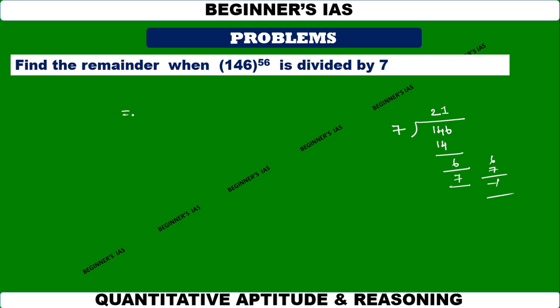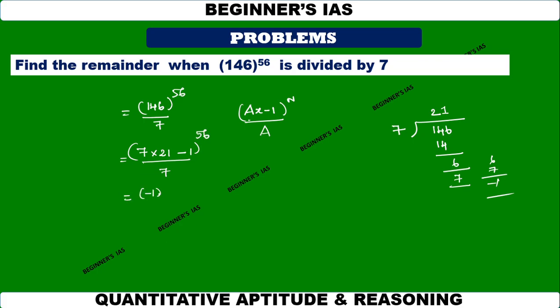We can express 146 the whole power 56 divisible by 7. This can be written as 7 into 21 minus 1 form. This form is nothing but (ax minus 1) whole power n divisible by a. If you can express it in this form, whatever the power, the numerator leaves you minus 1. Therefore (minus 1) the whole power 56 divisible by 7.